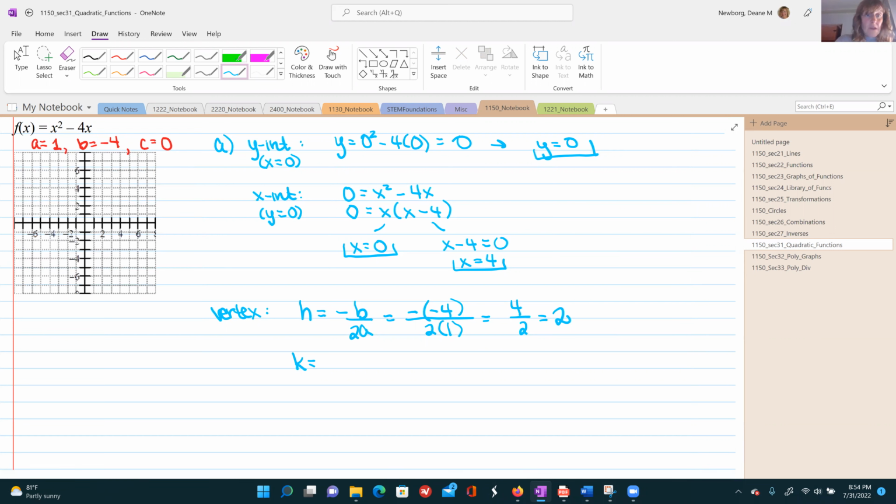So I would have 2 squared minus 4 times 2. So that would be 4 minus 8, which is -4. The vertex is a point, (h, k). Okay, so now we found the vertex.